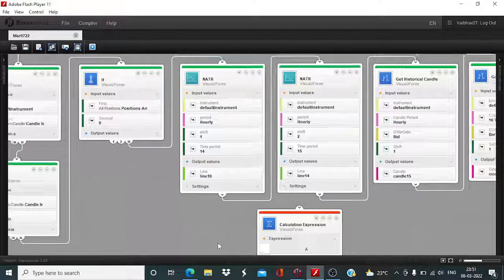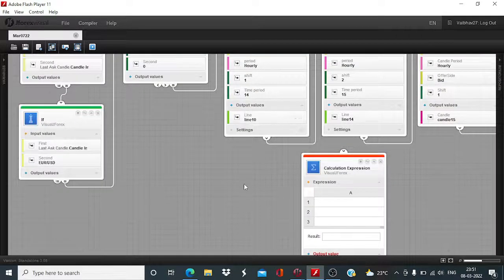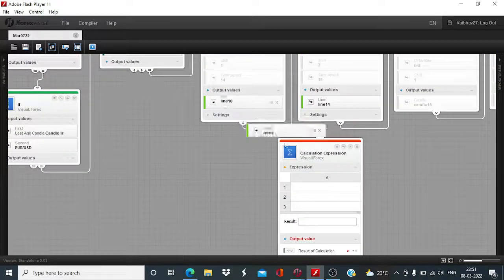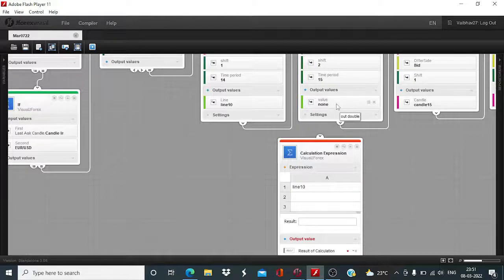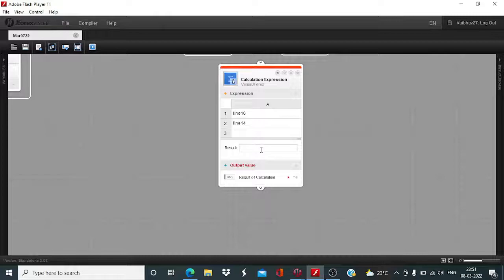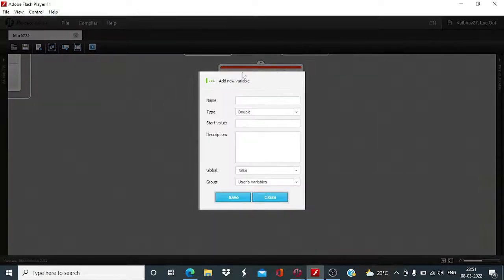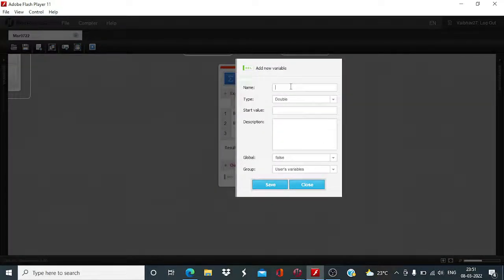I will deduct the line 14 output value from the line 10 output value. As per Excel convention, all we have to do is type in A1 minus A2, and whatever is the difference, we will then compare it.